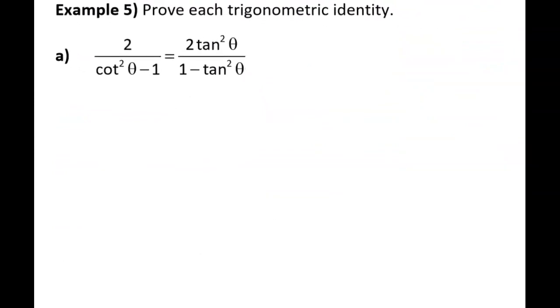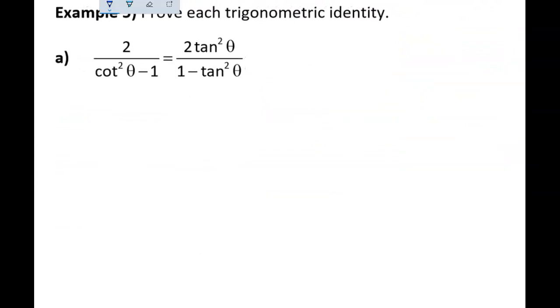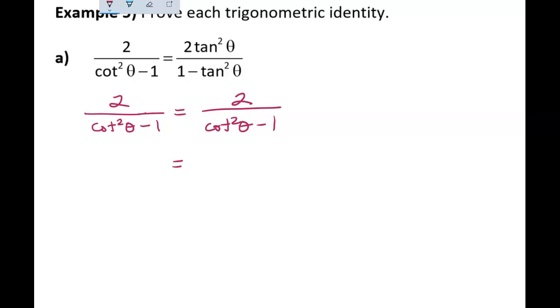This one looks awful, but it's actually not. So let's start with 2 over the cotangent squared of theta minus 1 is equal to 2 over the cotangent squared of theta minus 1. Something equal to itself, then we'll work on the right side.